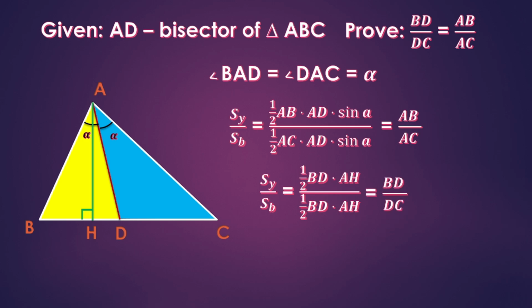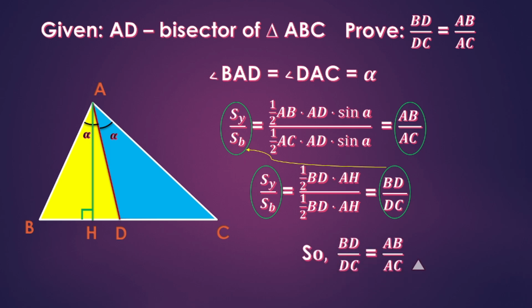And so on the one hand, we got that the ratio of the areas of the triangles is equal to AB divided by AC, and on the other hand, we got that this ratio is equal to BD divided by DC. And it remains to substitute BD divided by DC instead of the ratio of the areas in the first equation, and we were able to prove what we were asked to do.